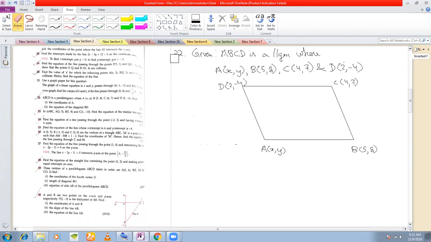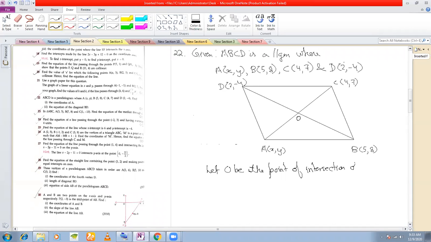For this kind of a problem, we join the diagonals of the parallelogram. Let O be the point of intersection of the diagonals.